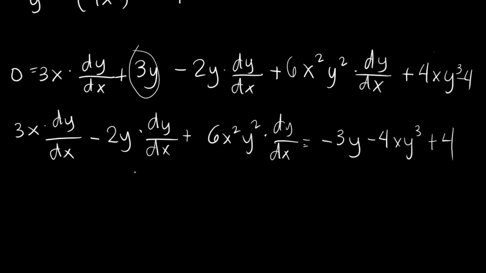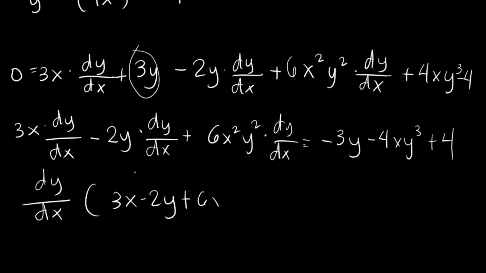So, factor out mo si dy over dx. dy over dx times 3x minus 2y plus 6x squared y squared equals negative 3y minus 4xy cube plus 4.